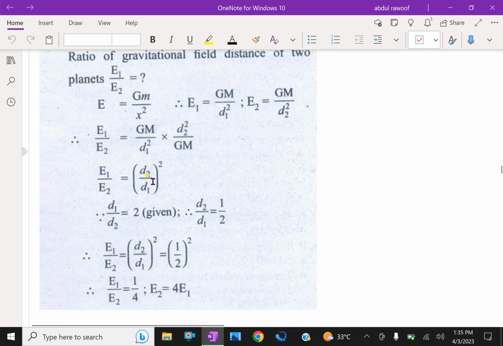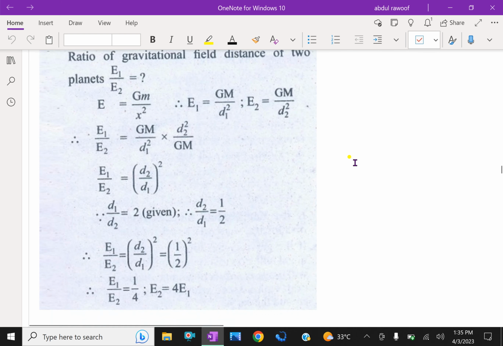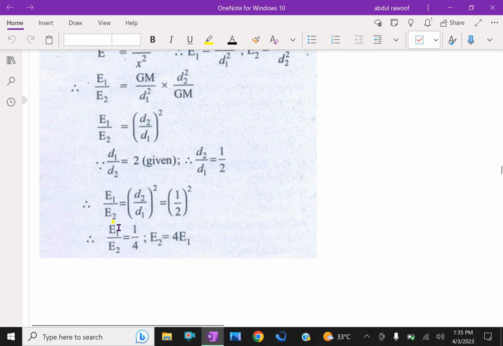Now, from here, d2 by d1 is the square root of E1 by E2. The given d1 by d2 is 2, therefore d2 by d1 is half.